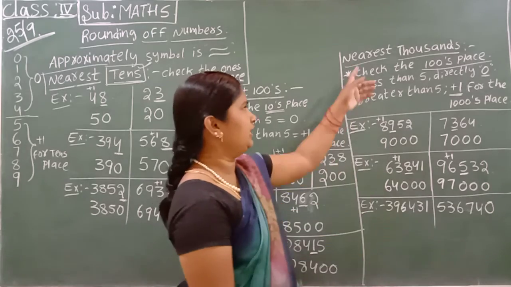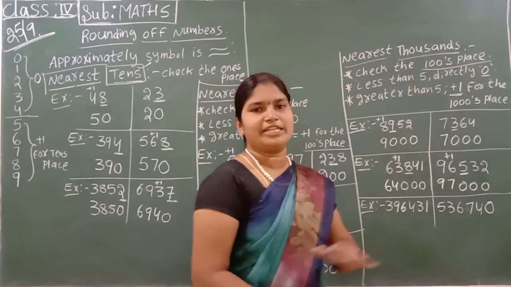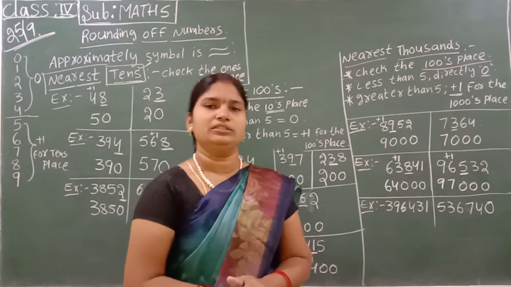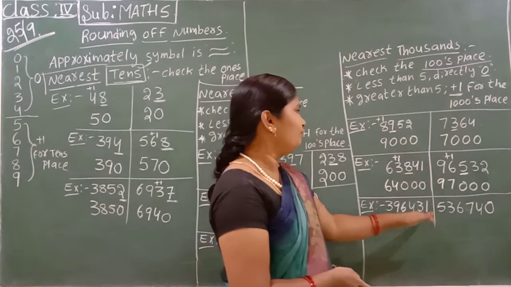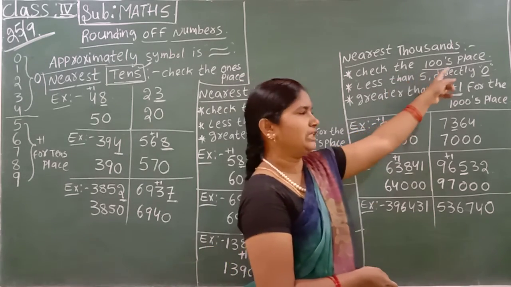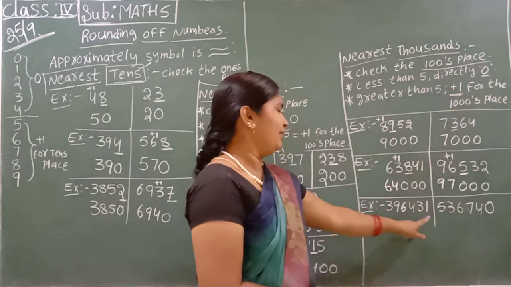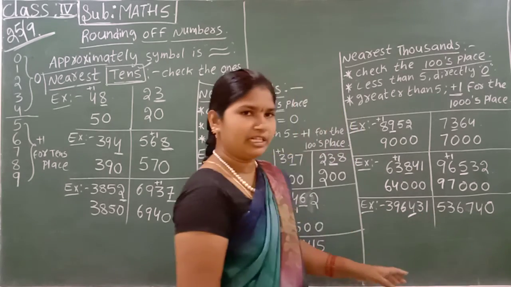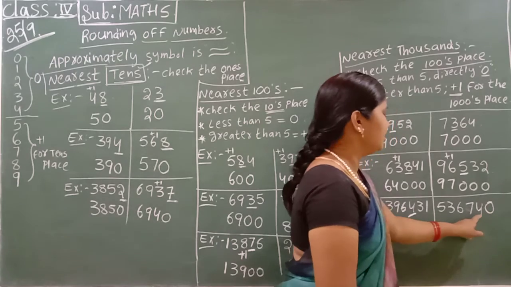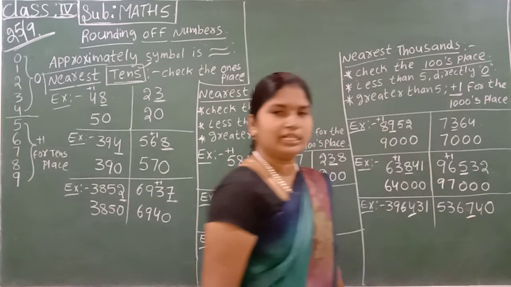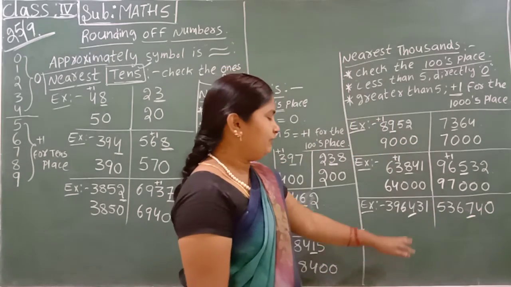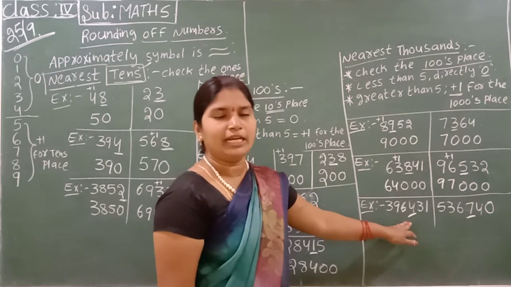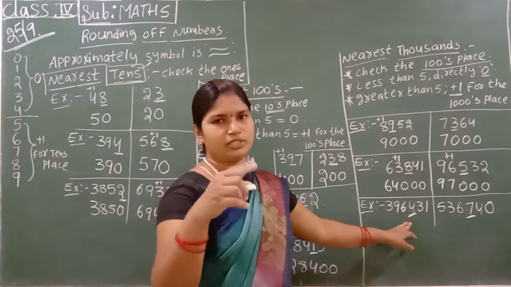What is our heading? Nearest thousands. Rounding off to the nearest thousands. So, which place value do we have to check? Check the hundreds place. Ones, tens, hundreds. Underline the hundreds place. If it is less than 5, directly write down zeros.